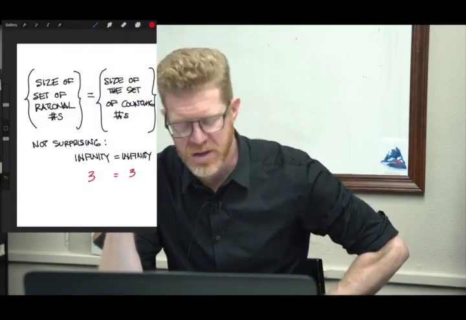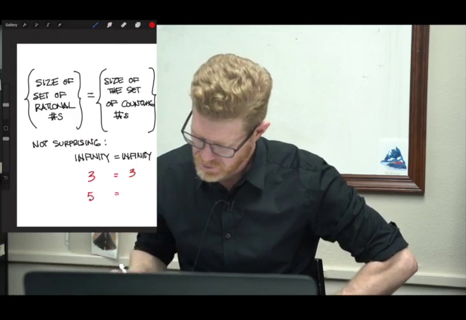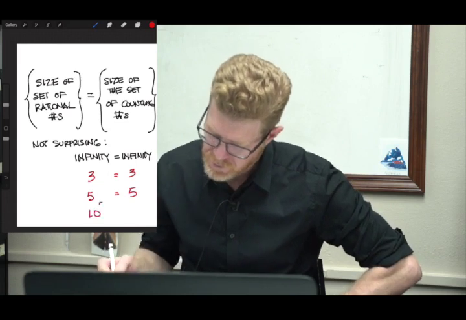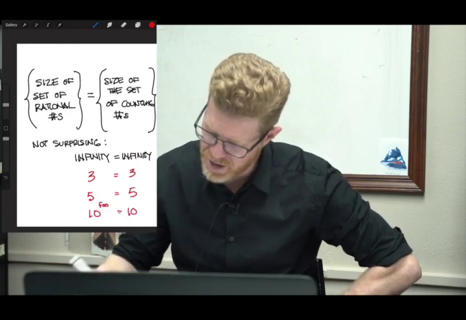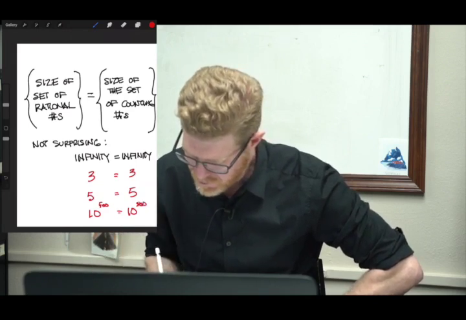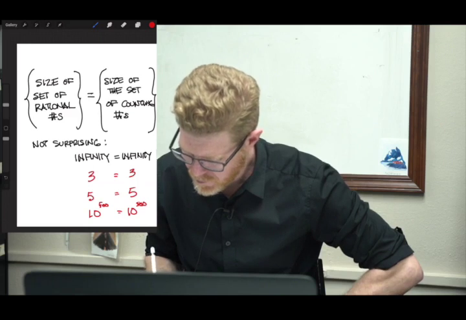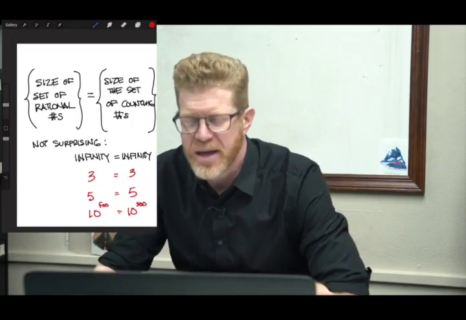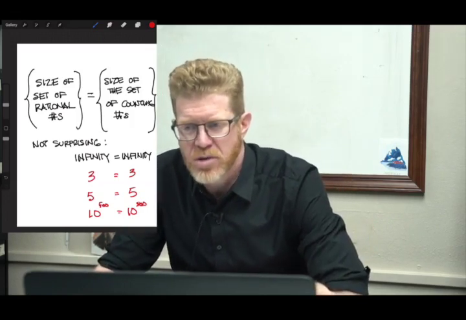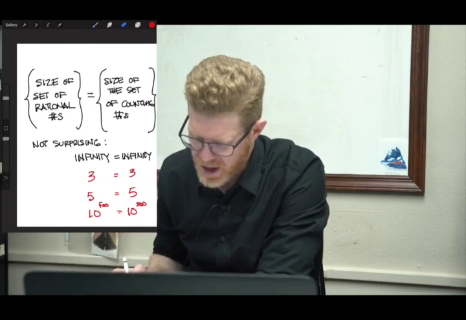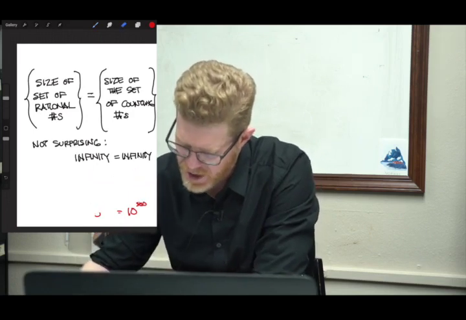But there is something that is kind of surprising. Here's the surprising part: that there are just as many counting numbers as there are rational numbers. Because think about it.